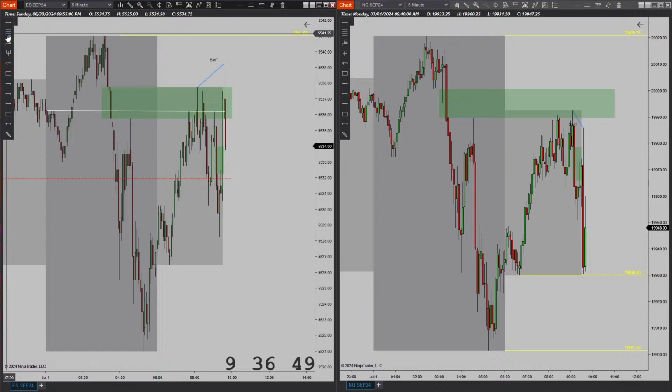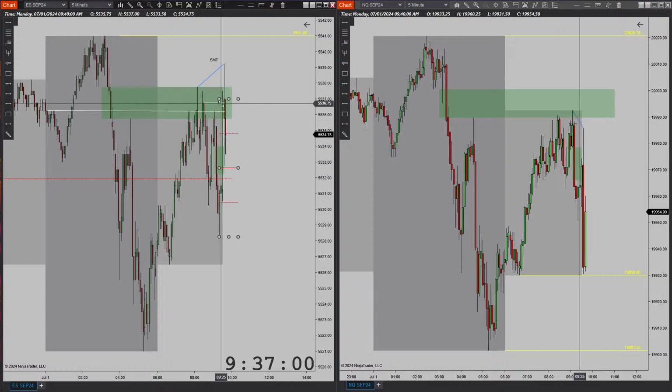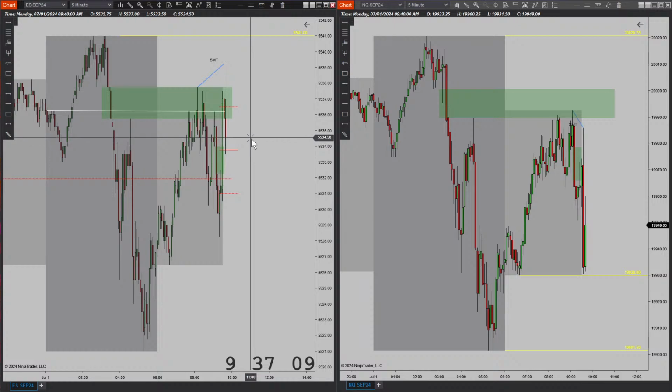All right, so I'm going to wait until this right here. This is the new dealing range on the very short time frame. And let me set my hard stop up here, 39.25.